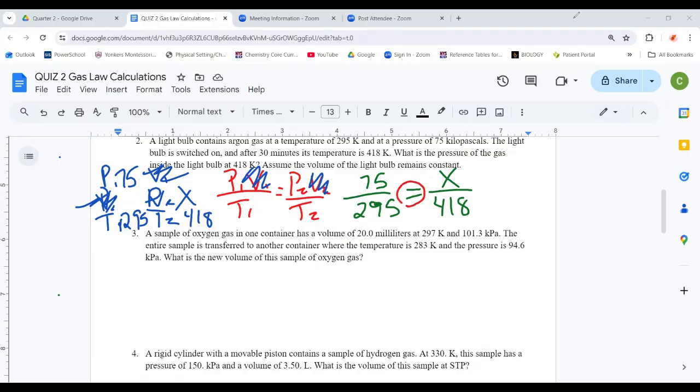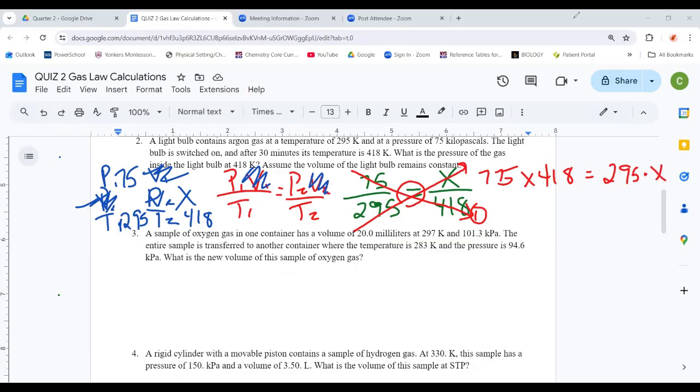This is not a conversion, so you are allowed to cross multiply. So you're going to go this way and then that way. Okay, so when you do that, you're going to get 75 times 418 is equal to 295 times x.